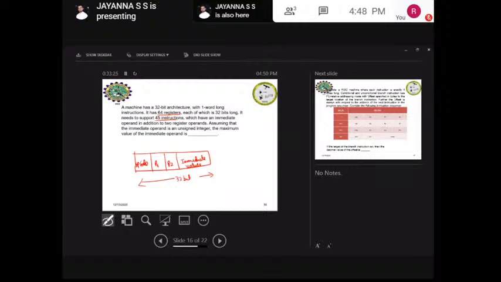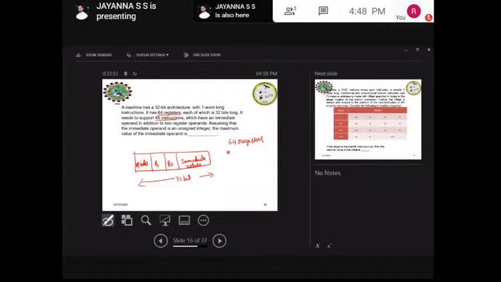So now we have to find out what is the maximum value for the immediate operand. For that we have to calculate the number of bits which is used to represent the immediate value. Here you can observe there will be a total of 32 bits. In the given question there are a total of 64 registers.